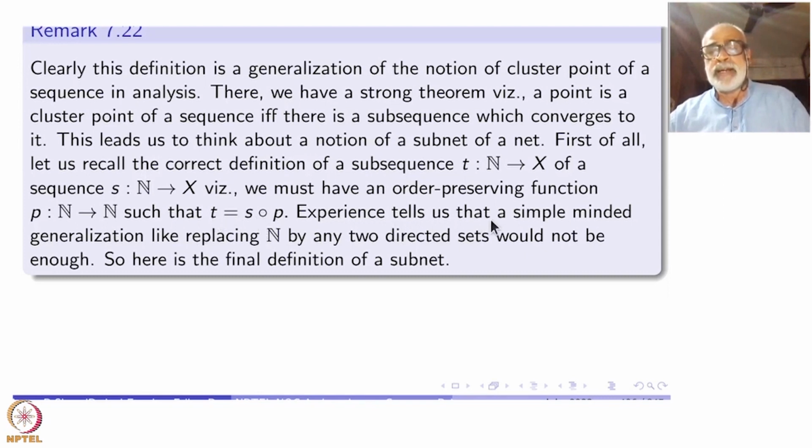Experience tells us that a simple-minded generalization like this, replacing N by any two directed sets, would not be enough. See, all sequences have the same domain N, but when you take all nets, the domains keep changing. So if you just say there is an order preserving map from one to the other, even that may not be enough.